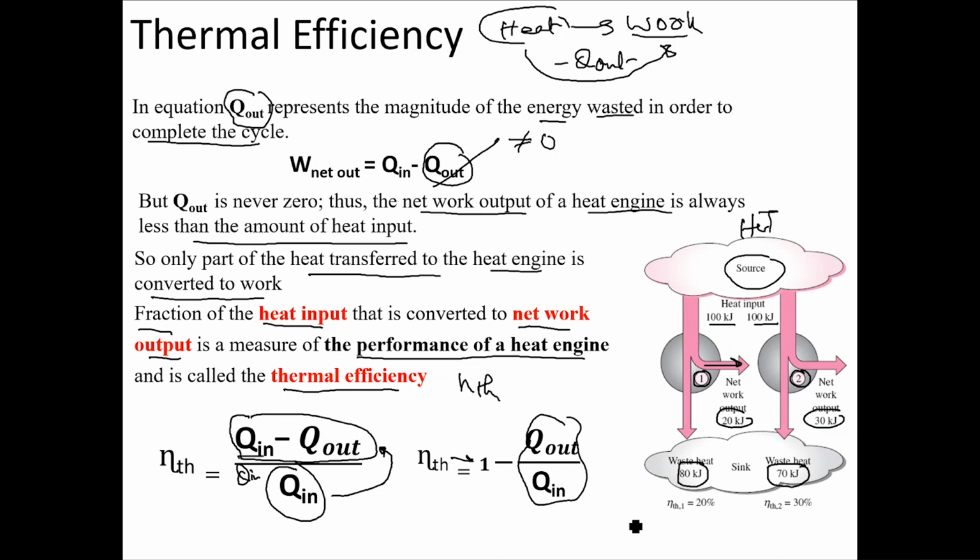Efficiency would be net work output divided by the heat input: for engine 1, 20 divided by 100, which is 20%, and for engine 2, 30 divided by 100, which equals 30%. So this is how you find the thermal efficiency of a heat engine.